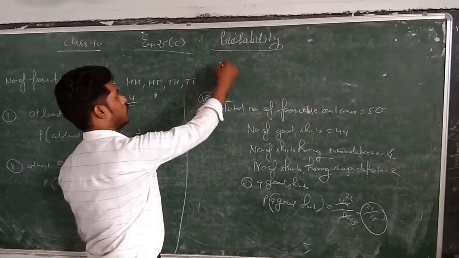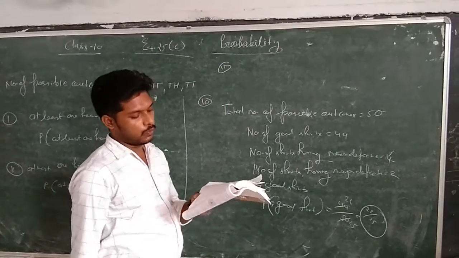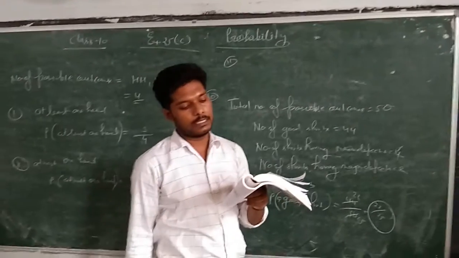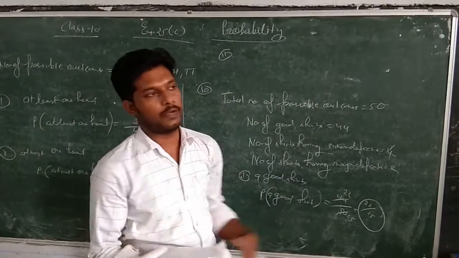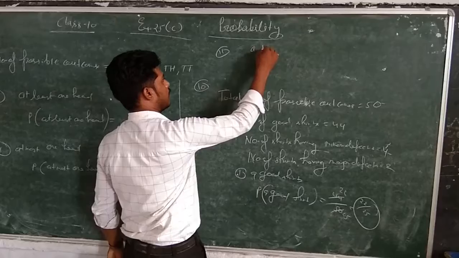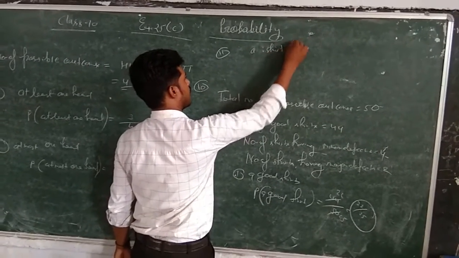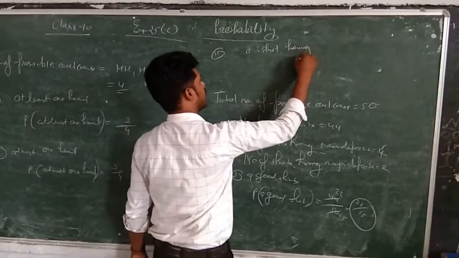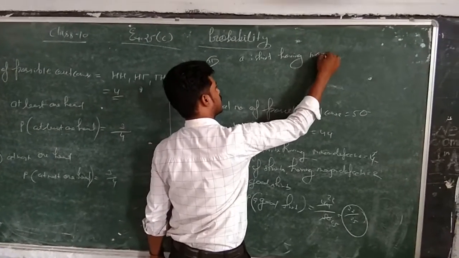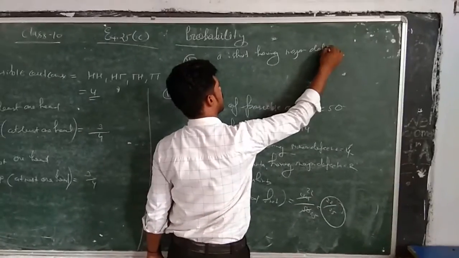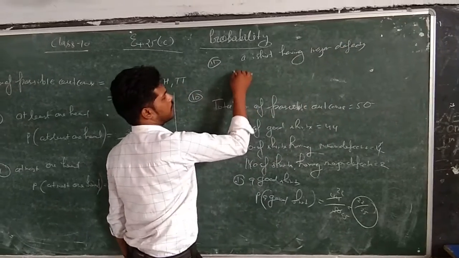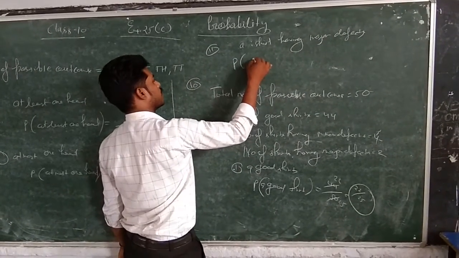Now point number 2. It is acceptable to a trader who rejects only a shirt with major defects. It means P, a shirt having major defects.